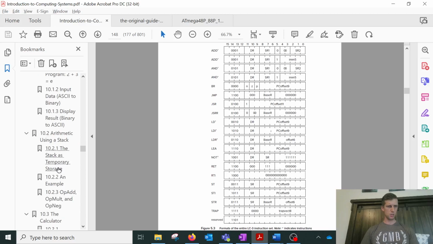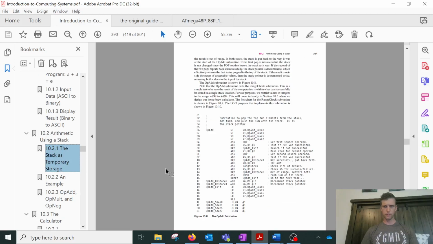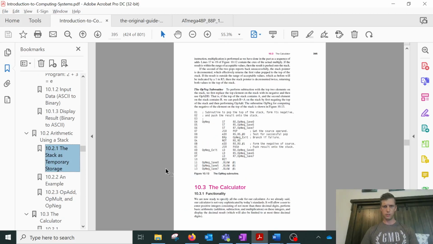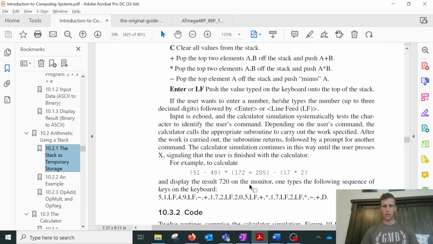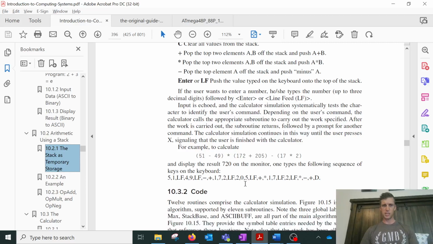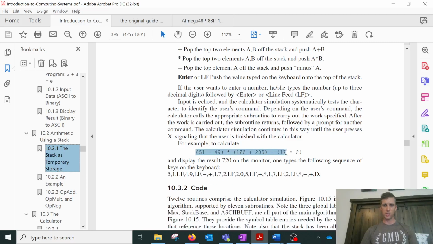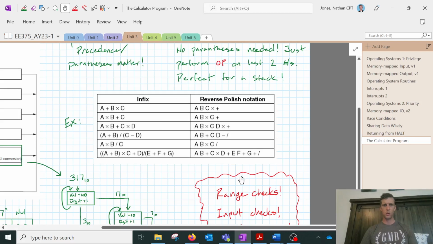Yeah, you can see an example here in section 10.3.1 of converting this expression into postfix. And this also shows you where you're hitting the enter key and how you enter the D to indicate that you're done and want to see the result.